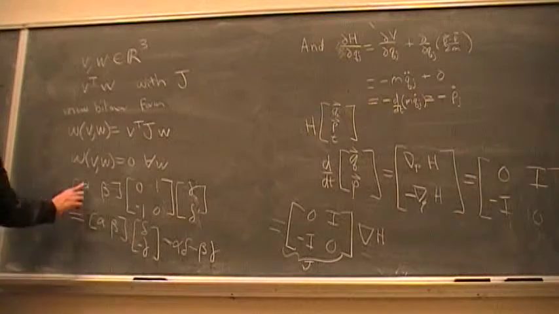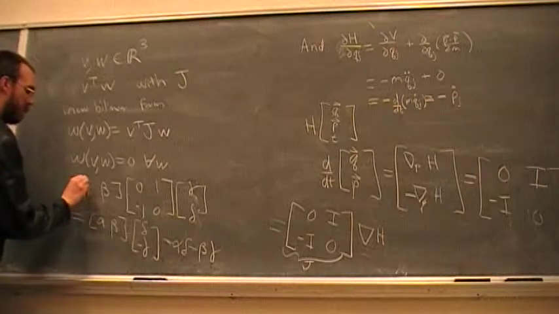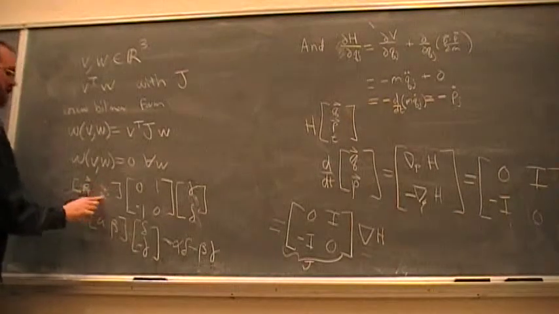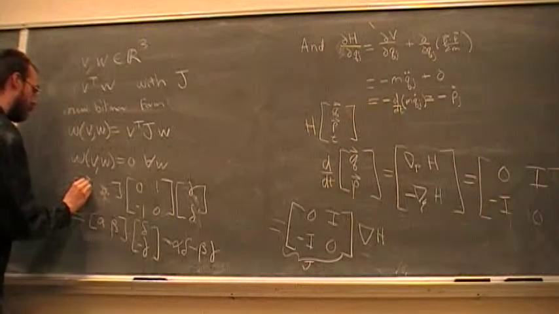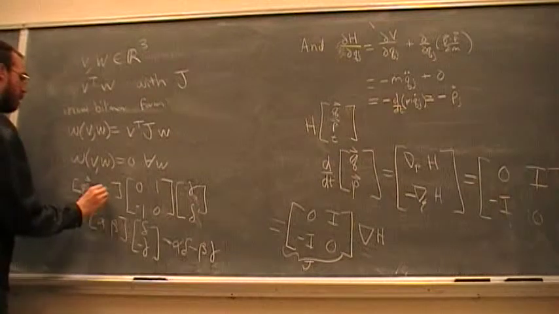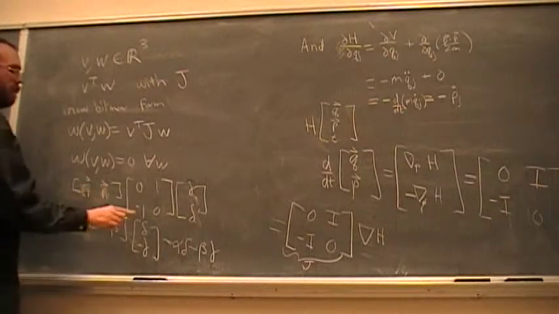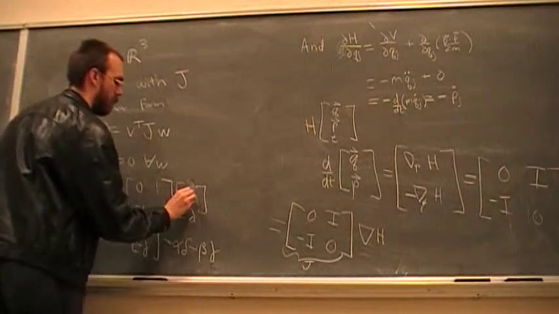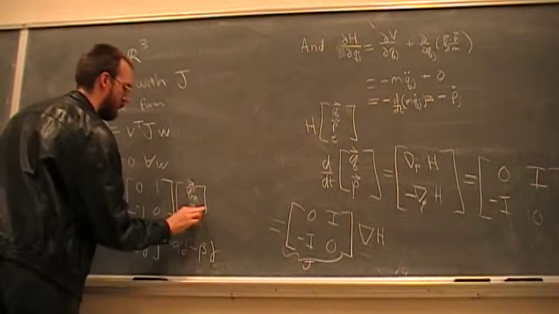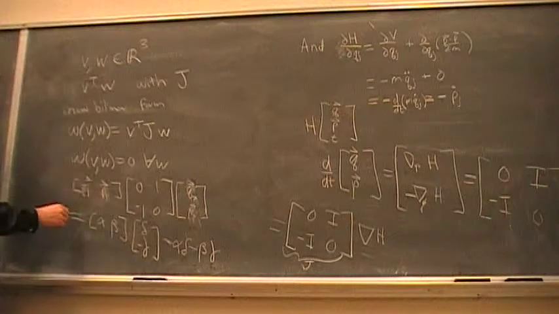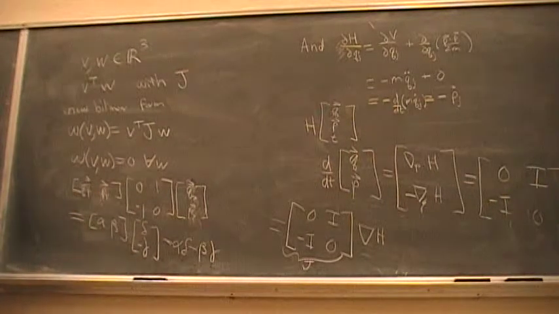Now, let's beef this up. We've got a Q1, P1, Q2, P2. I apologize that these are row vectors over here.